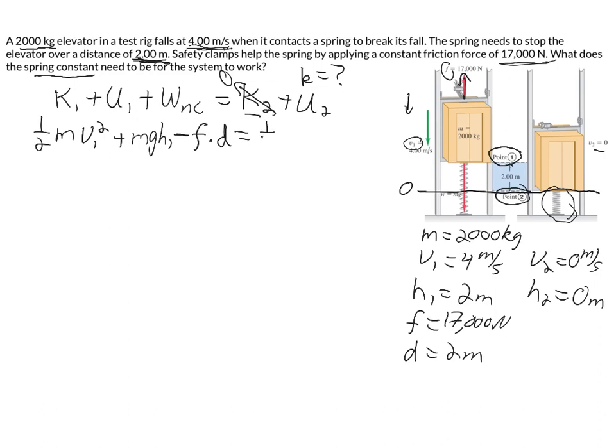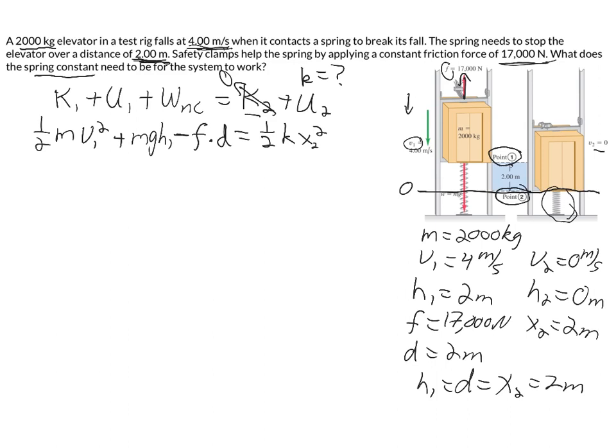Yes, we have elastic potential energy, 1/2 k x squared. Maybe I'll say x2. What is x2? It's the amount the spring is compressed, which is also 2 meters. So you'll notice h1, d, and x2 are all the same 2 meter distance.